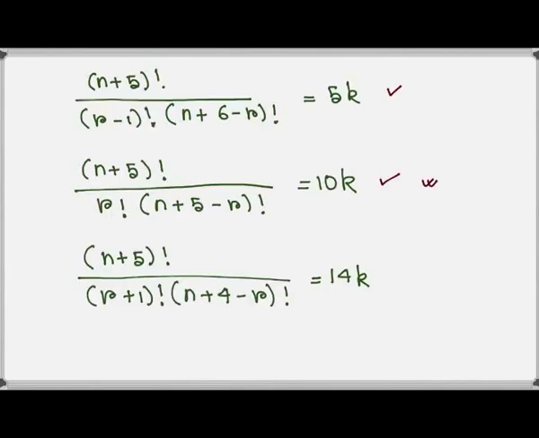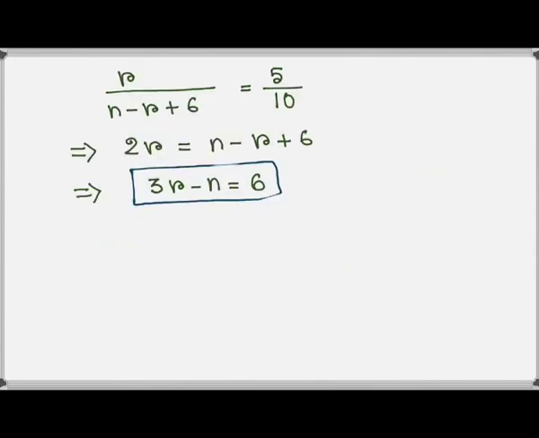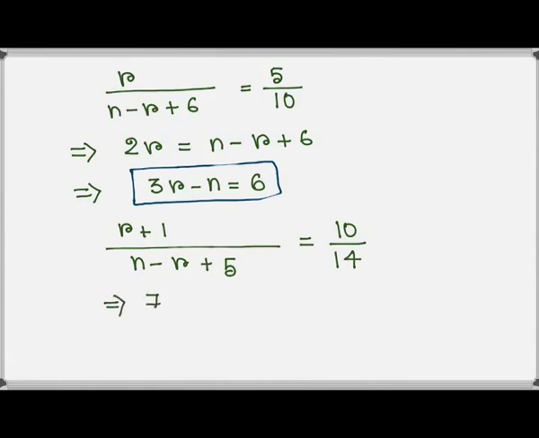Next we divide this equation by this equation. We get (r plus 1) divided by (n minus r plus 5) is equal to 10 by 14. That means 7r plus 7 is equal to 5n minus 5r plus 25.